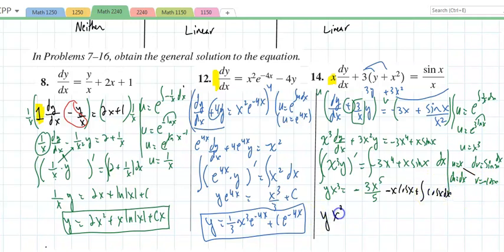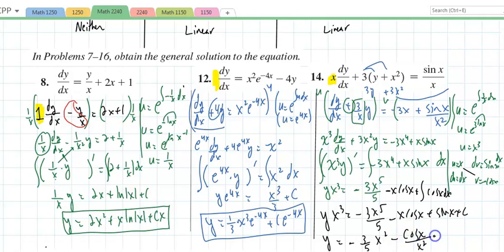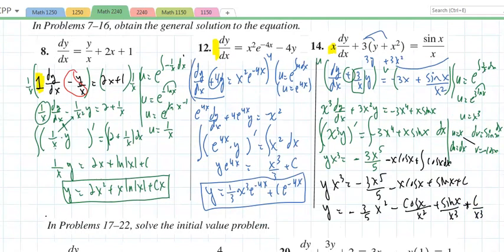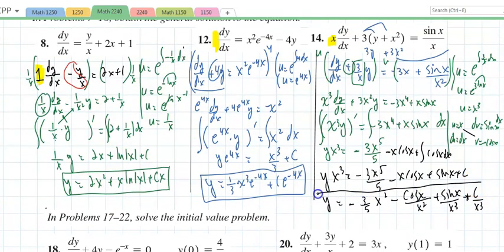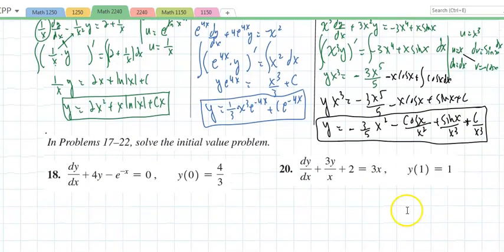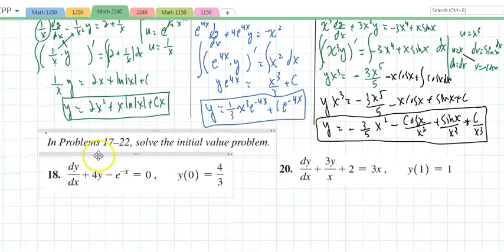I'm getting y x cubed to equal negative 3x to the 5th over 5 minus x cosine of x plus sine of x plus c, and y would equal negative 3/5 x squared minus cosine of x over x squared plus sine of x over x cubed plus c over x cubed, or c x to the negative 3. And the last couple of problems are the same idea, except they have initial conditions.